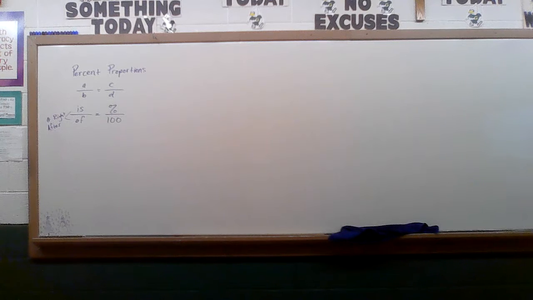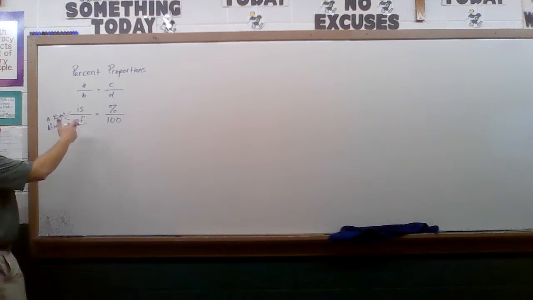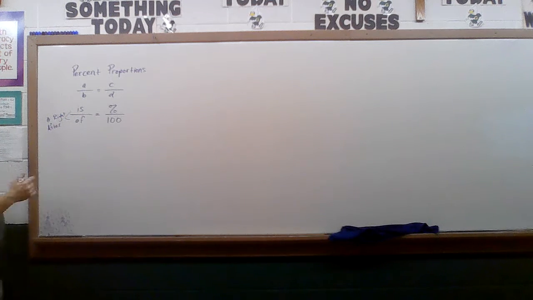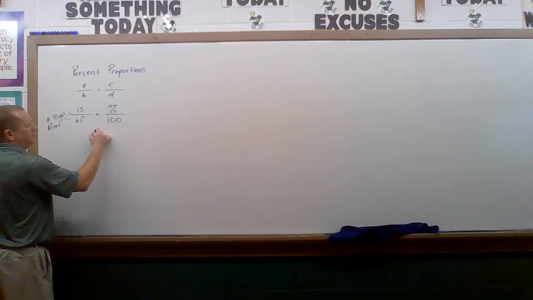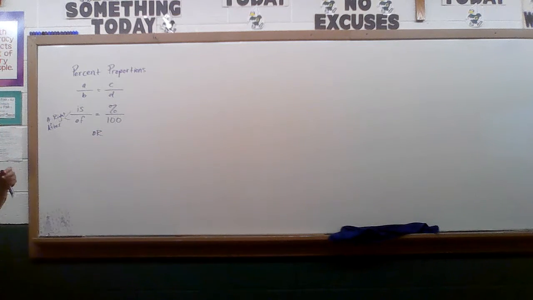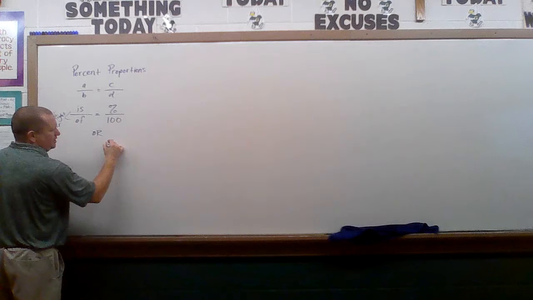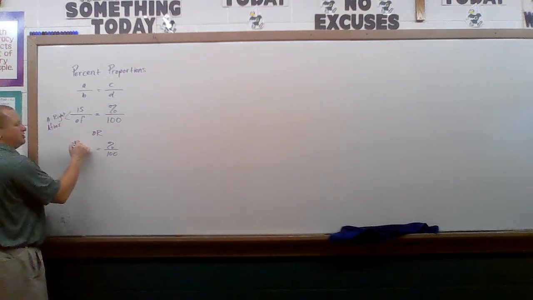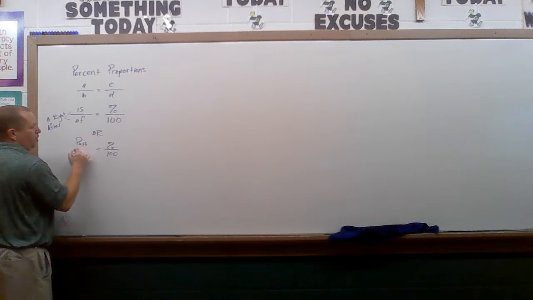And so basically you're going to be given a sentence, and you can think of it as they're going to use the words is and of in that sentence just about every time. Another way of doing this, which would be the exact same thing, we're just going to say in a different manner. We're still going to have the percent over 100. The other way that you can think of it is the part out of the whole.